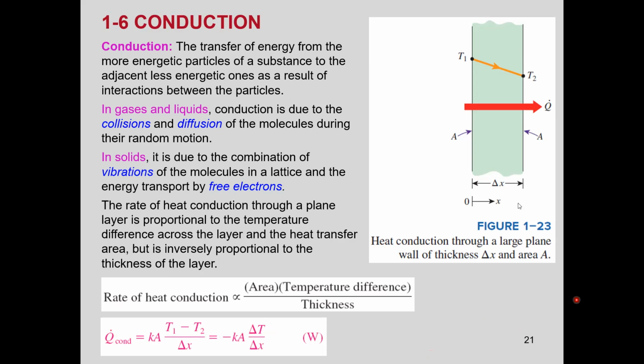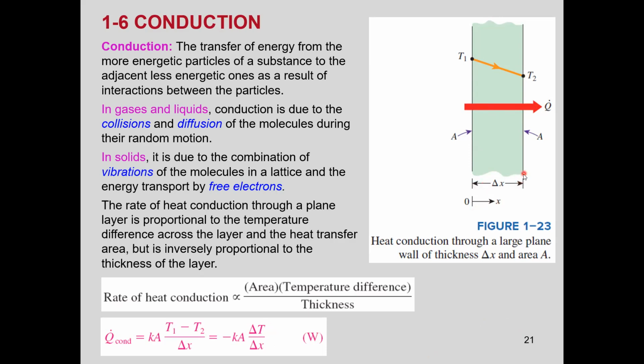More theoretical answer is, we define heat transfer from high temperature to the low temperature, and the positive X direction is defined as the same as the positive heat transfer direction. So Q and the X is in the same direction. And delta X is positive, right?